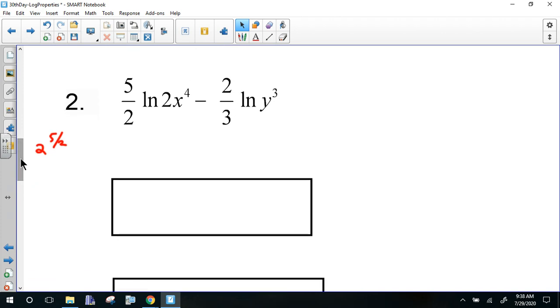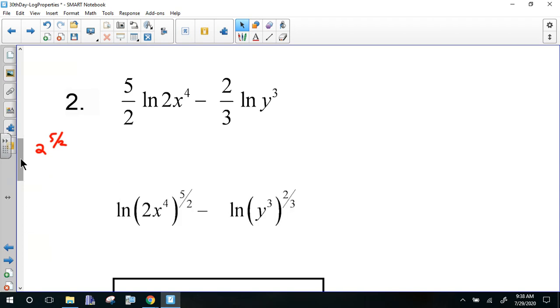Next one, I need to take care of my coefficients out front by making them exponents.